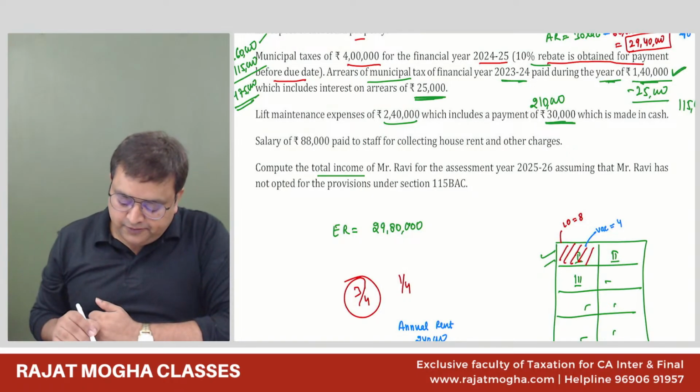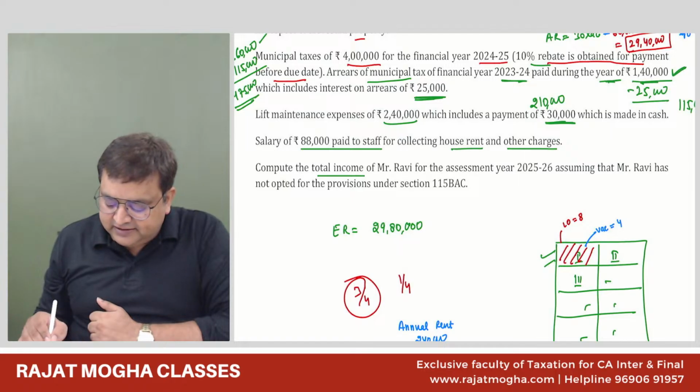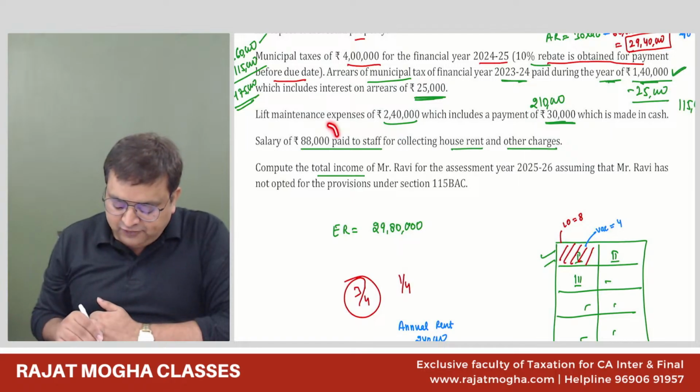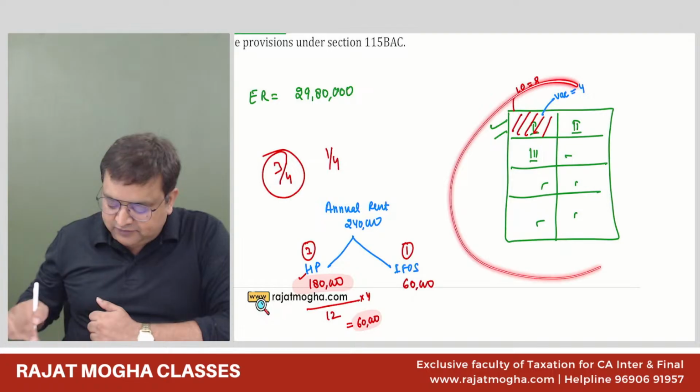Now, salary of 88,000 paid to staff for collecting house rent and other charges. We are paying 88,000 to the staff members, because this was a big property.